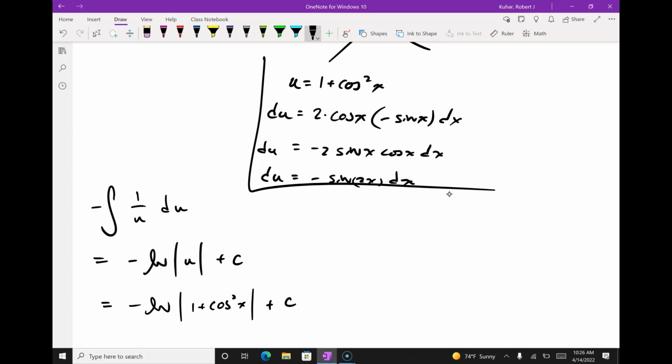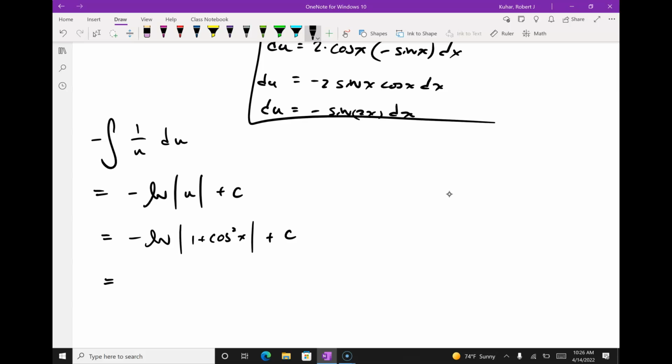No. Cos squared is anywhere from 0 to 1, not from negative 1 to 1, right? Because I put the square on it. So I don't need that absolute value. I like c minus the ln of 1 plus cos squared x. How many points are you going to take off if I don't take off the absolute value? 1.